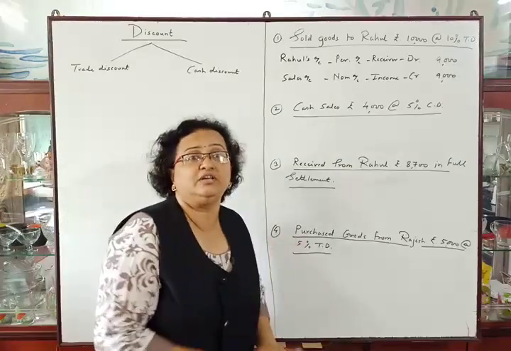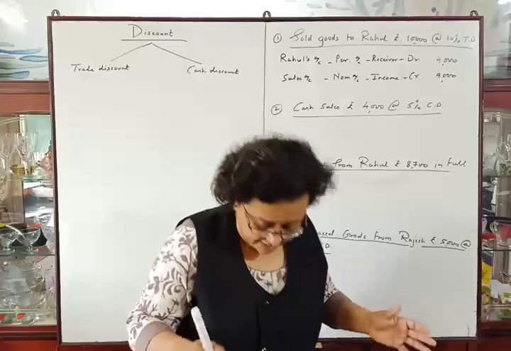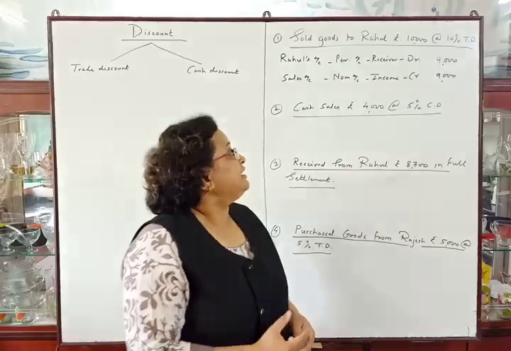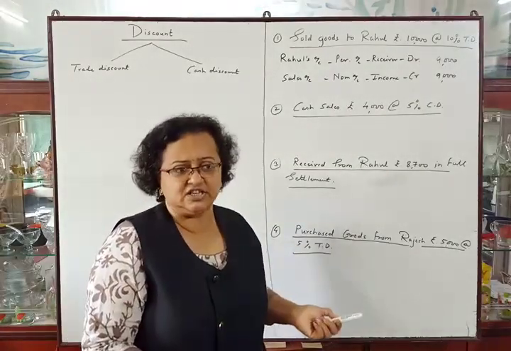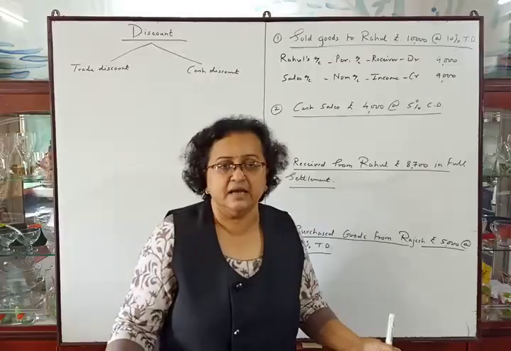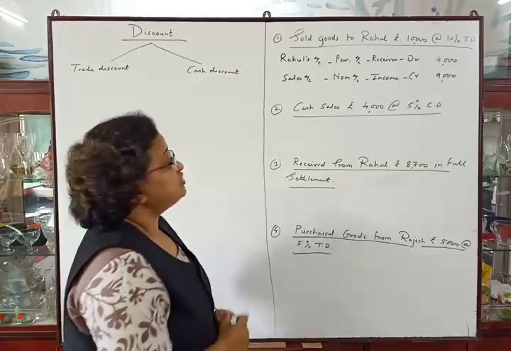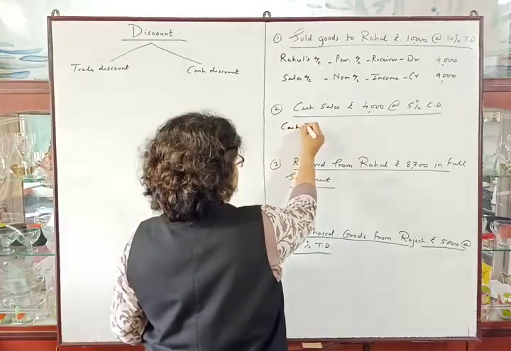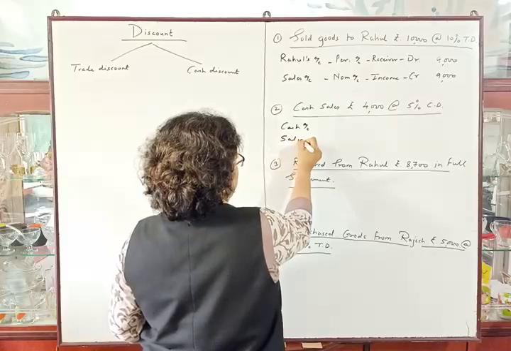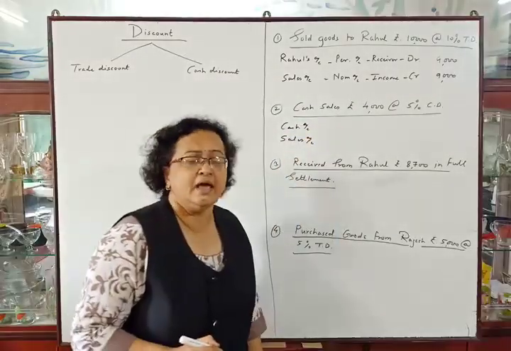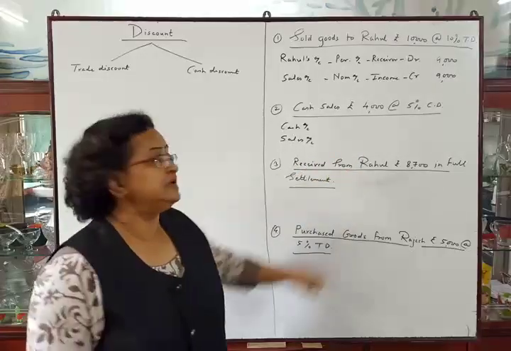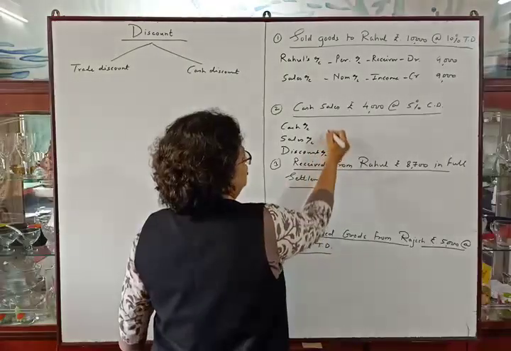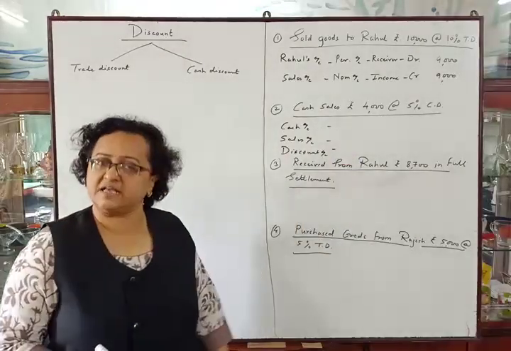Here this is a cash transaction, as it is given cash sales means goods sold for cash. So three accounts will be involved here. First account will be cash account, second account will be sales account. And as cash discount is given here, third account we will maintain, it will be discount account. So three accounts will be maintained in this transaction.